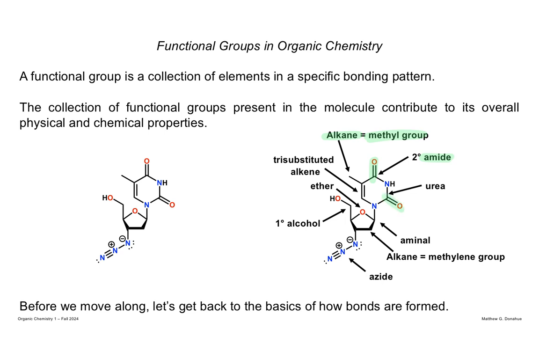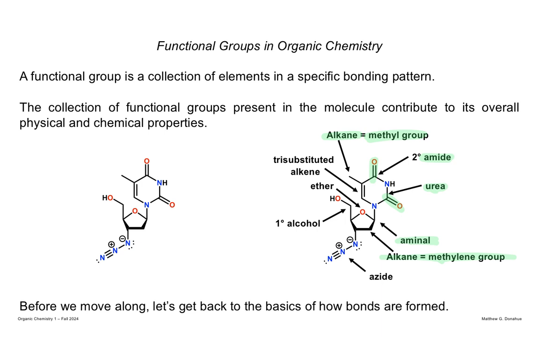This other carbonyl group, it's different. It's called a urea. The carbon bonded to the nitrogen and the oxygen is called an aminal, not animal. We have another alkane. So see the word alkane? But that alkane is a methylene group because it's CH2.